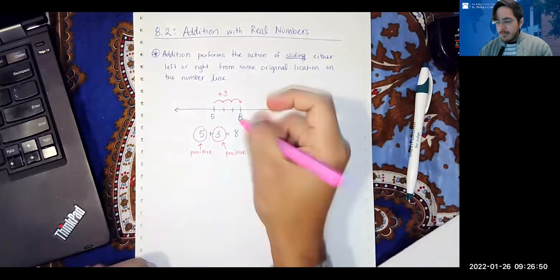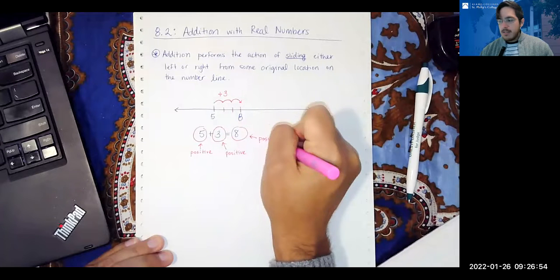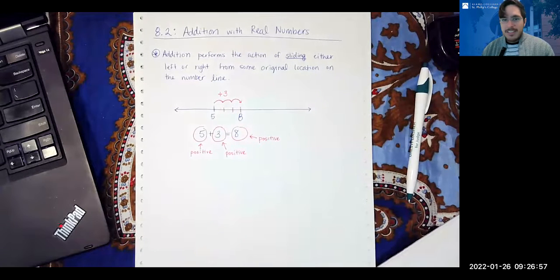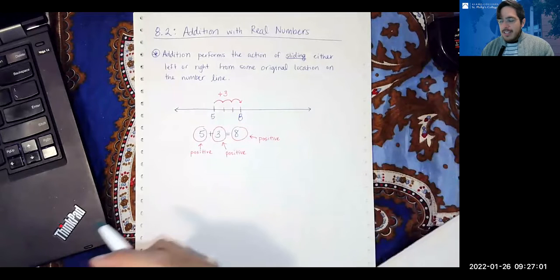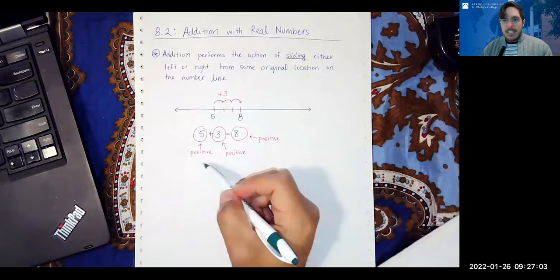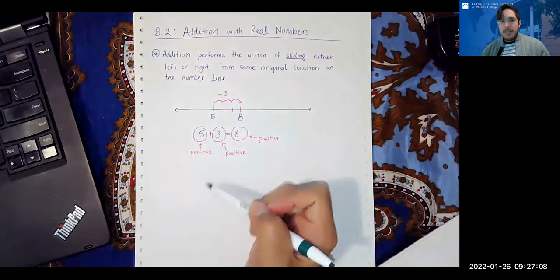The result was positive. So if we add 2 positive numbers together, it seems like we should get a positive result, right? Correct.